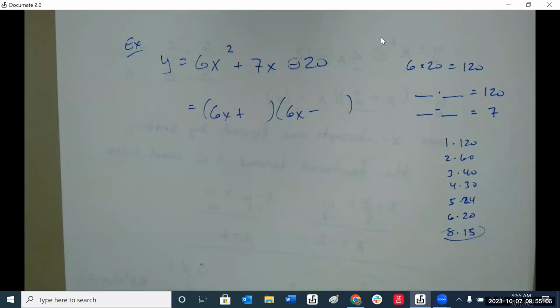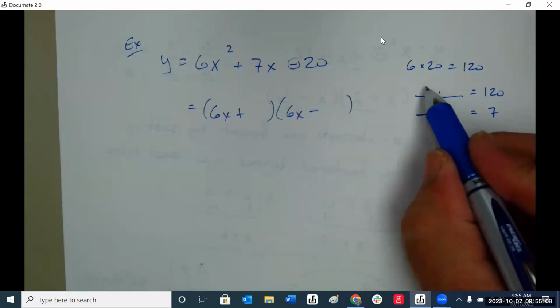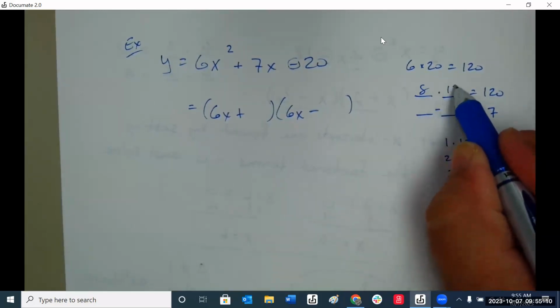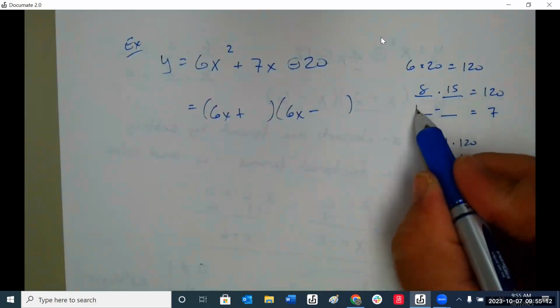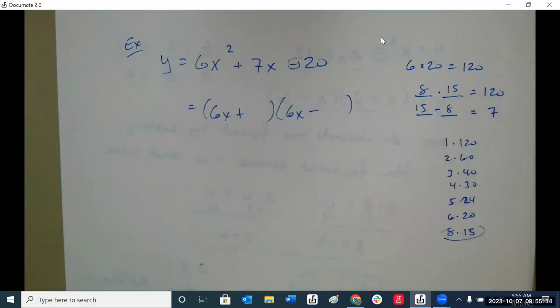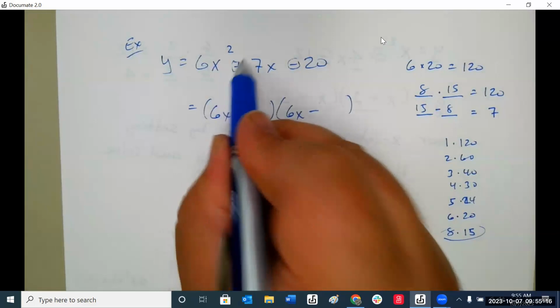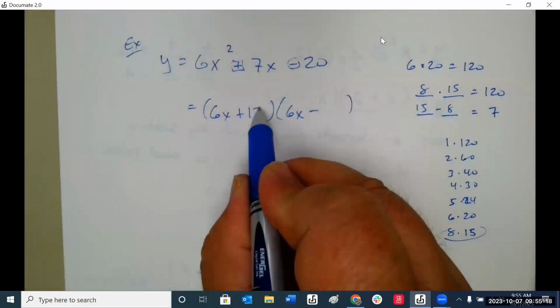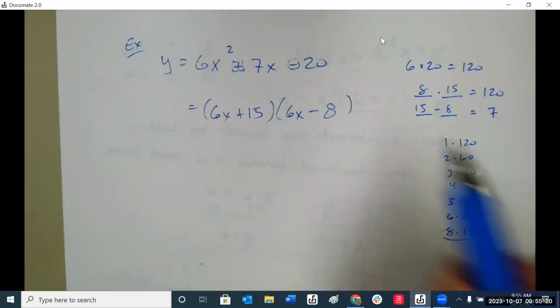This one. So 8 times 15. 15 minus 8. Since the first sign's plus, the 15 goes there and the 8 goes there.